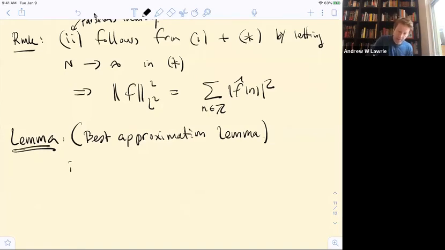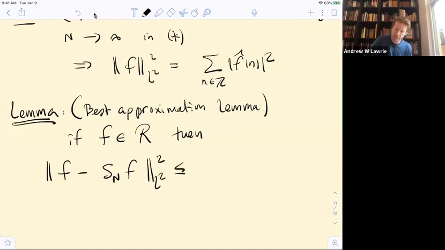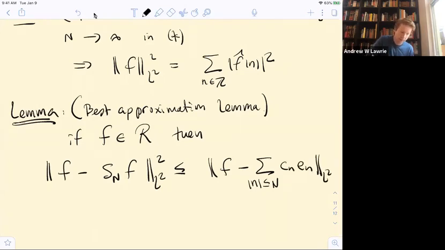So if f is a Riemann integrable function, then the L2 norm squared of f minus SNf is less than or equal to that of f minus the sum of Cn En, for every Cn in the complex numbers.